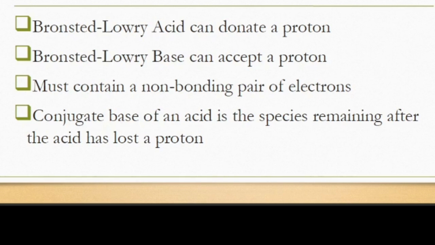Now the second concept of acids and bases theory was given by Lowry and Bronsted. According to the Lowry and Bronsted theory, an acid is a proton donor and a base is a proton acceptor. So what is the condition of an acid?